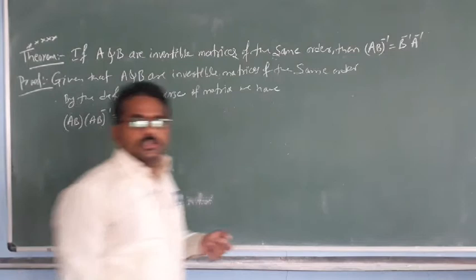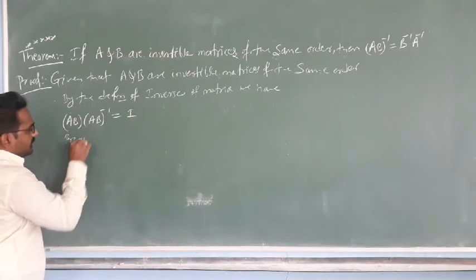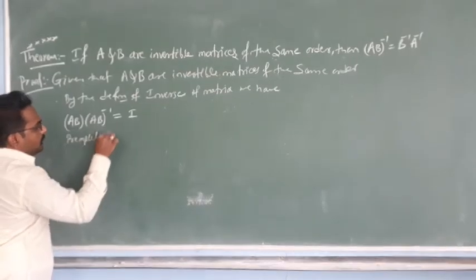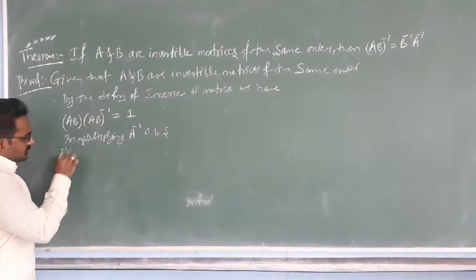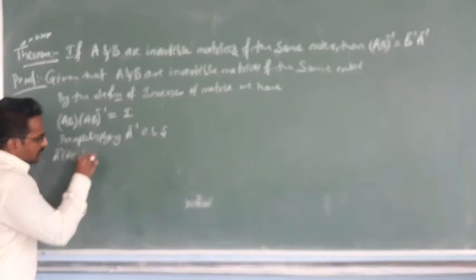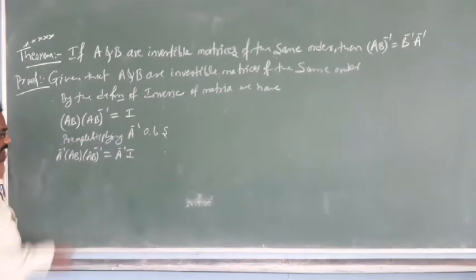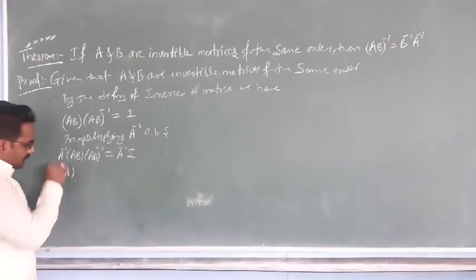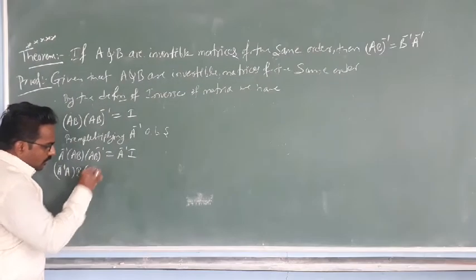So what we need, students, is (AB) whole inverse equals B inverse into A inverse. So what will we do here? Pre-multiplying A inverse on both sides. So A inverse into AB into (AB) whole inverse equals A inverse into I. Here, I will group A inverse into A, and B, (AB) whole inverse.